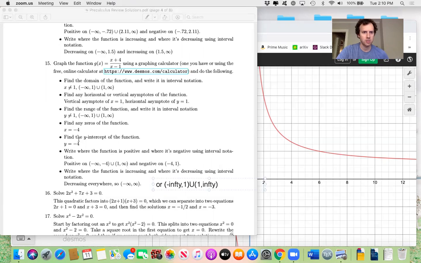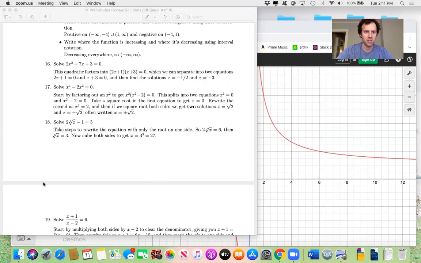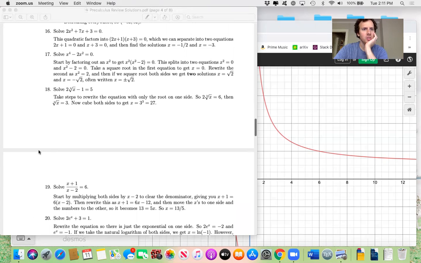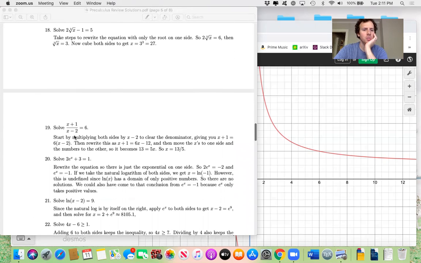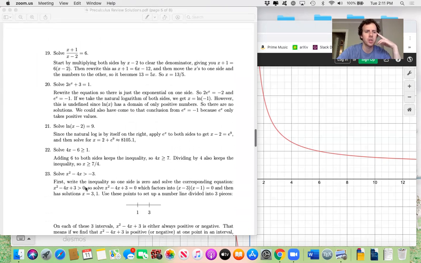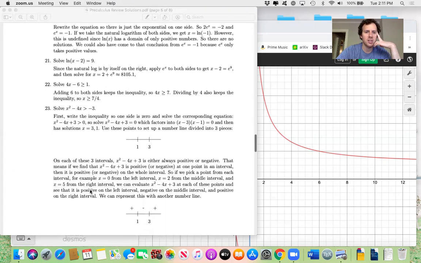Questions about this problem or any of the problems I've talked about? Or if there are some requests for other ones of these problems that you'd like me to talk about in the rest of our time. Some of the other ones are solving equations. There's a bunch of different examples of those. Some inequalities.